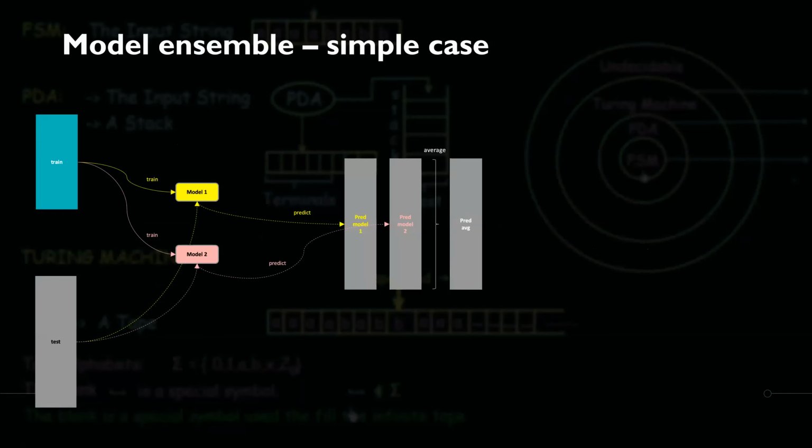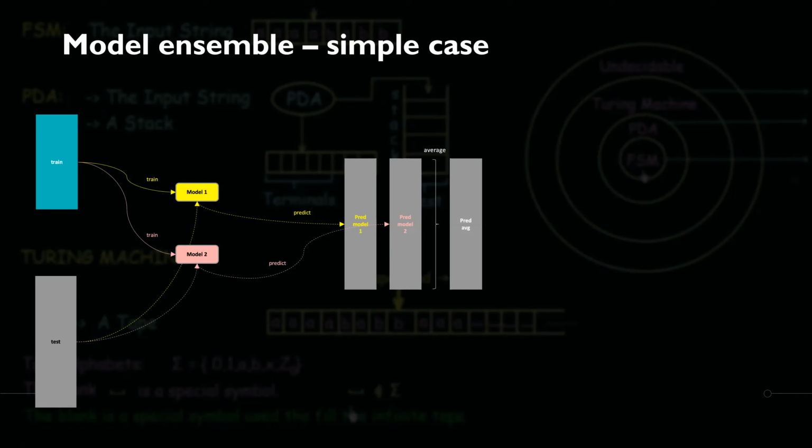Let's take a very simple case. For a simple ensemble, we would train two models, and we end up with two predictions, both made against the test data.